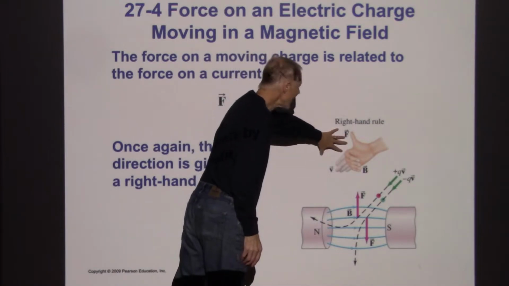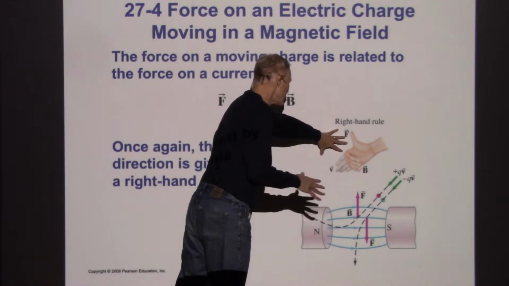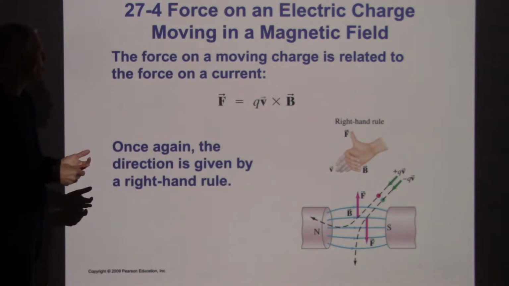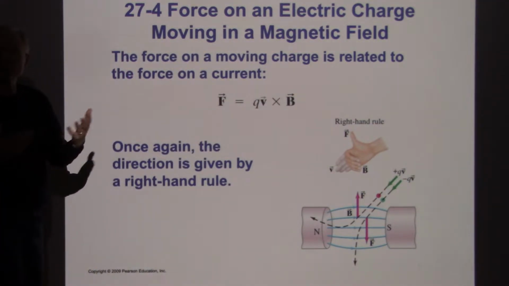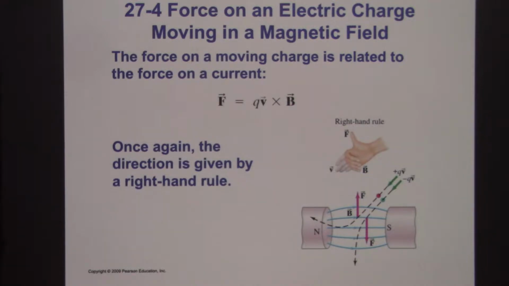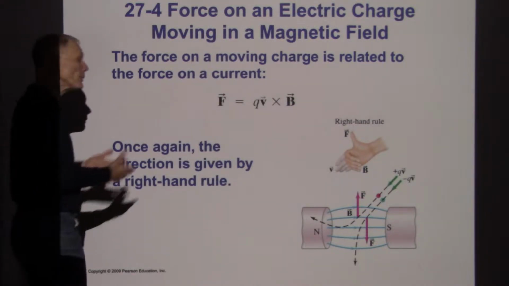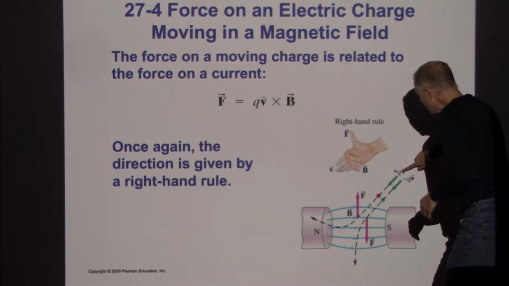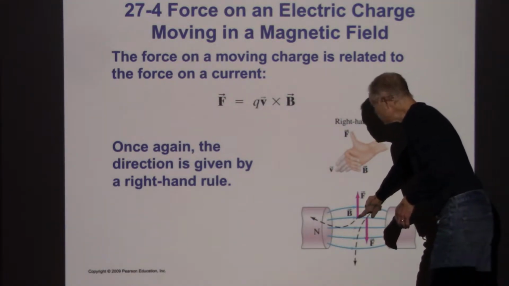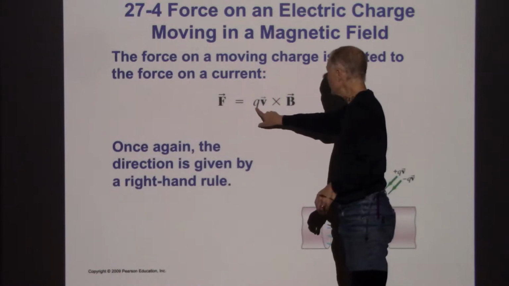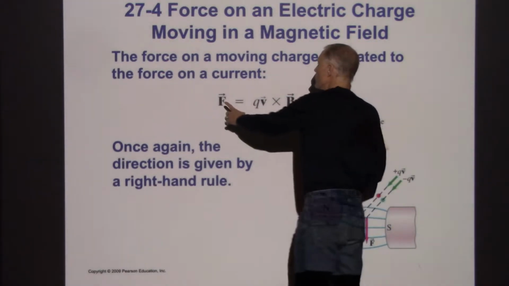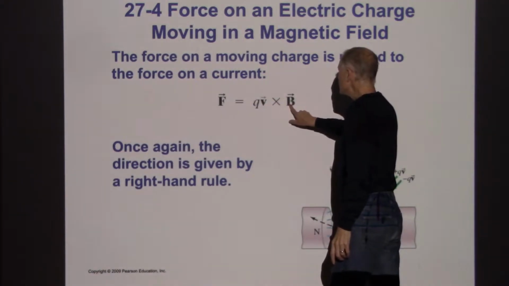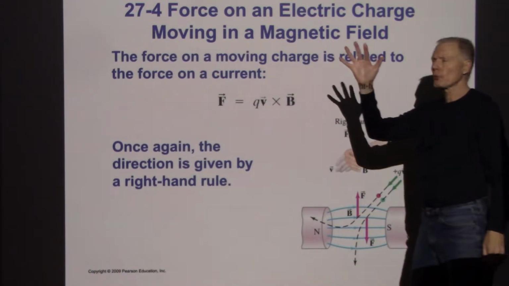In any sense, they have a different right-hand rule than what I'm using. You're welcome to use theirs. You're welcome to use the one I'm introducing. You're welcome to use a different one if you've run across a different one. But it's basically the same idea as before: if I have a positive charge going into a magnetic field, if Q is positive, then F will be in the direction of V cross B, and we can use a right-hand rule for that.